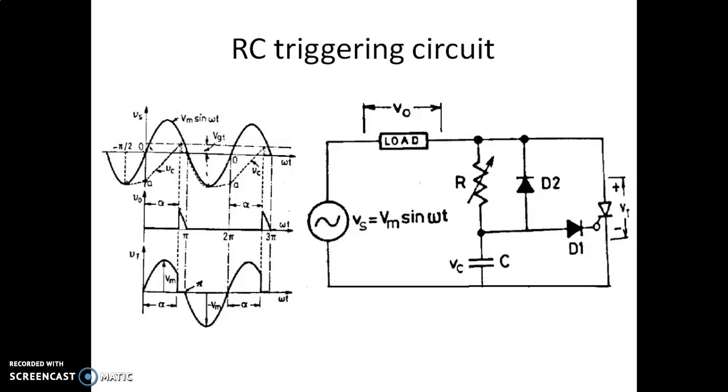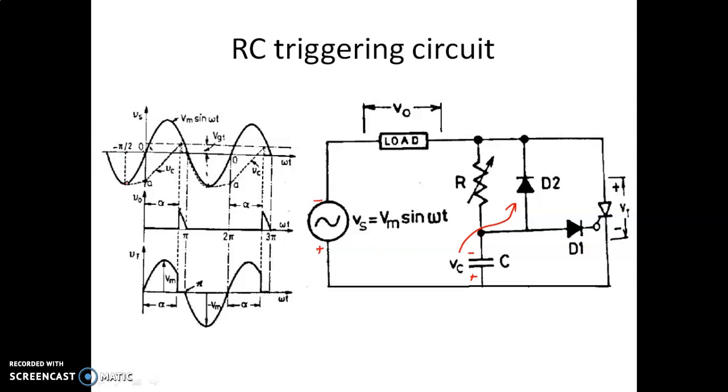Now, as you can see, during the negative half cycle this is positive with respect to this. So, during the negative half cycle, this capacitor charges through the diode D2. It is charged with the lower plate positive.